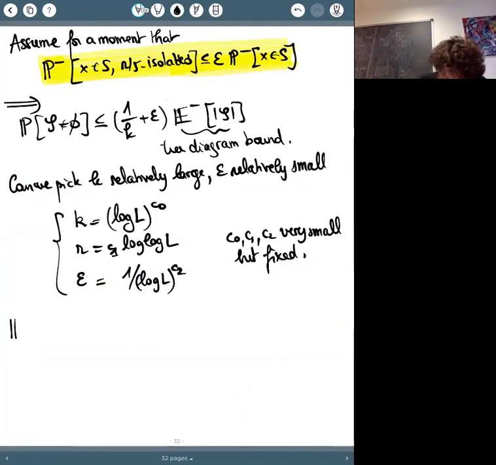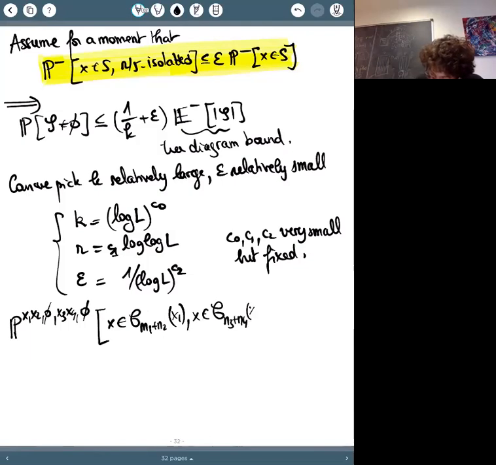So this is x1, x2, empty set, x3, x4, empty set, and I want x belongs to C n1 plus n2 of x1, x belongs to C n3 plus n4 of x3, and x is basically C1 log L isolated. Right? I just rewrote it like that.